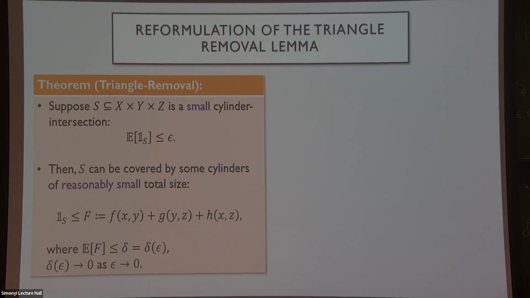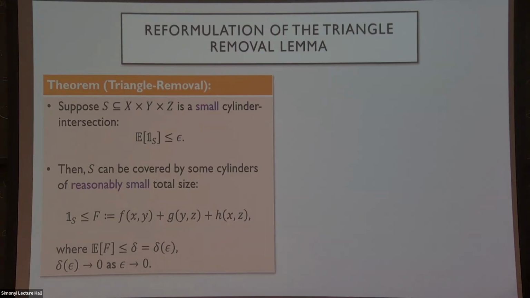In terms of cylinder intersections, that's telling you that if you have a cylinder intersection with small measure, then it can be approximated in this one-sided sense by simpler functions, just some cylinders. You can find some cylinders, and it's also important that these cylinders have reasonably small total mass.